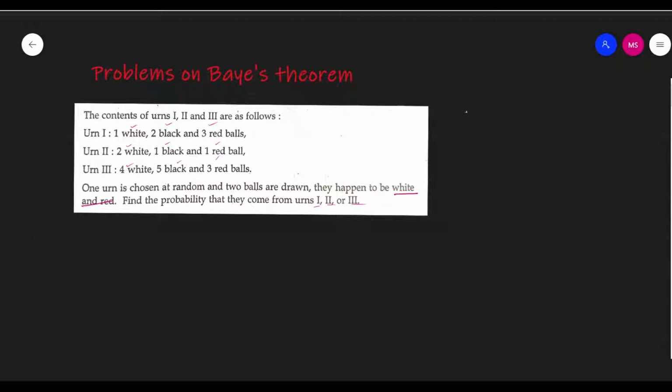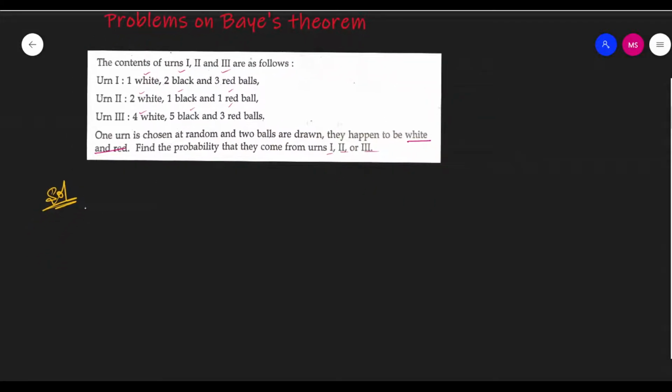So what is the solution of this problem? First of all, let there be three urns.